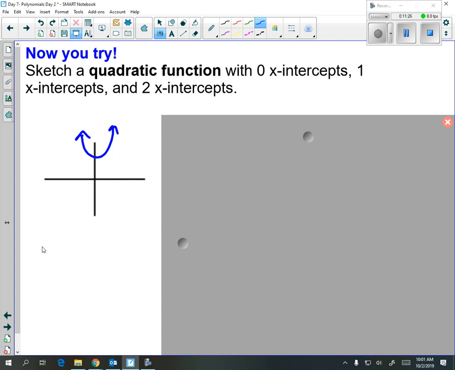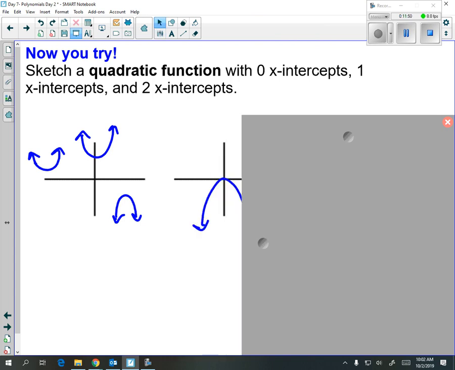So because the arrows both go in the same direction, even degree polynomials don't necessarily have to touch the x-axis. They don't necessarily have x-intercepts. Only odd degrees do, for sure. You could have also drawn one up here to the side or down here. Like I said, many answers.